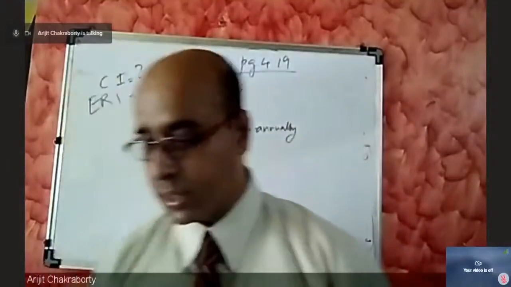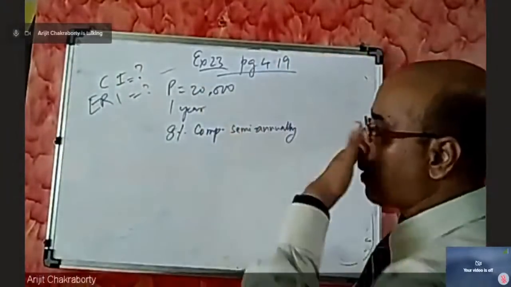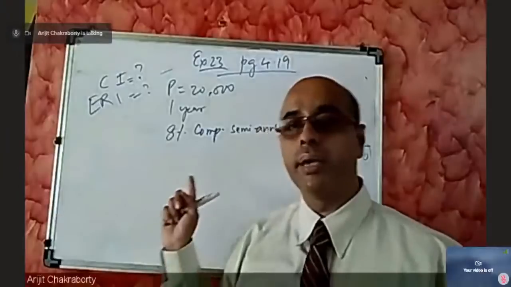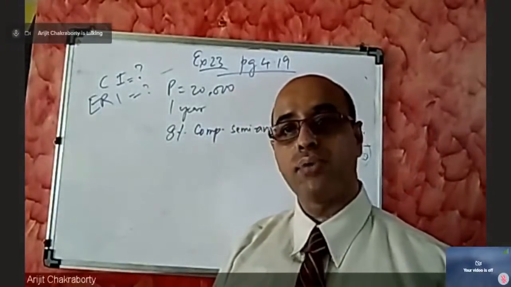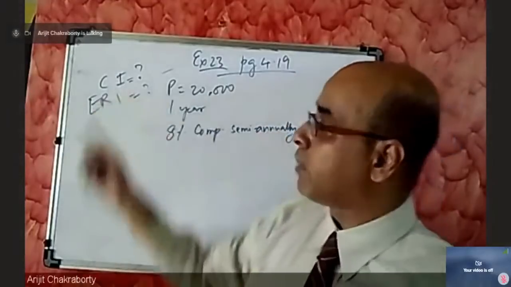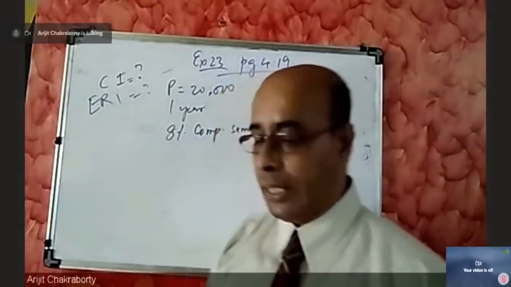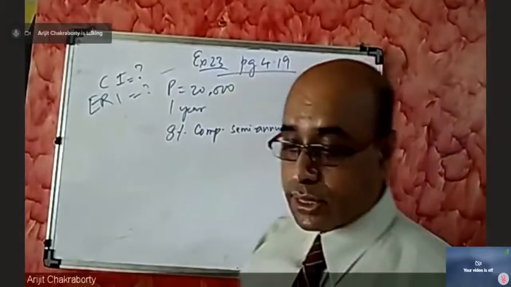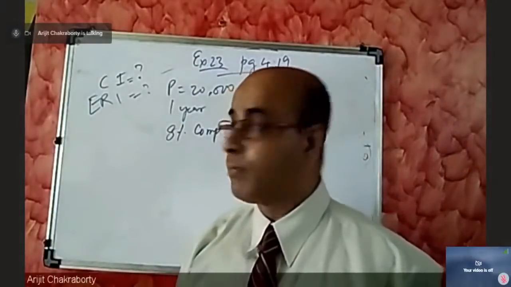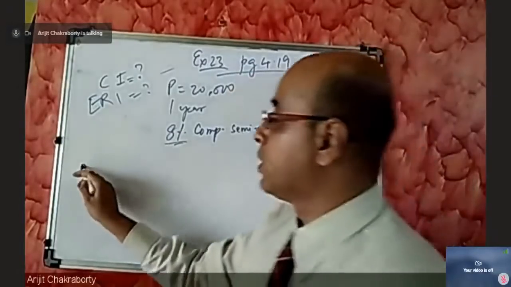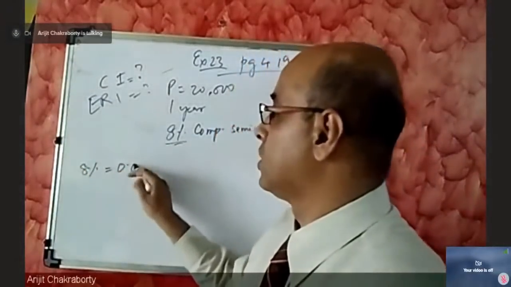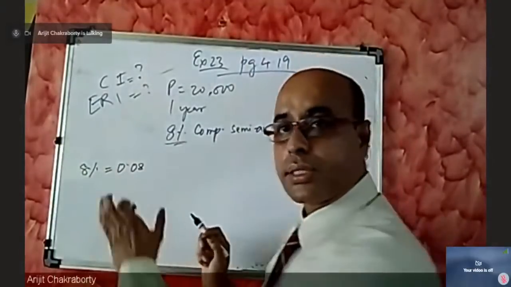So let us see the question. 20,000 rupees, semi-annual compounding, interest rate is given 8%, and you have to find out the compound interest and the effective rate of interest. Now here the question is, be very careful, because here 8% is the annual rate of interest. So 8% means 0.08. I think this is clear.